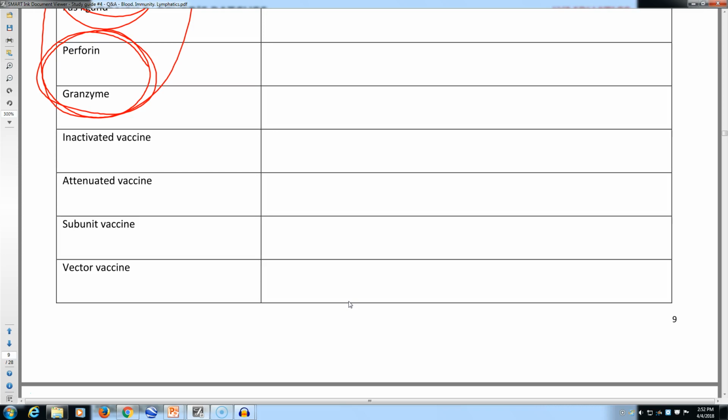So which one is that? Inactivated vaccine. Well, I'm not going to ask this. You understand. But say if I ask you, the flu mist is the vaccine against influenza that contains influenza virus that's weak, cannot cause infection. What type is that? That's attenuated vaccine. Does that make sense? That's as far as it goes.